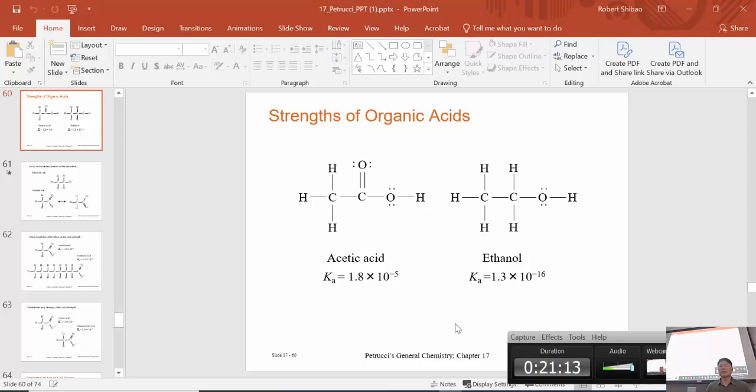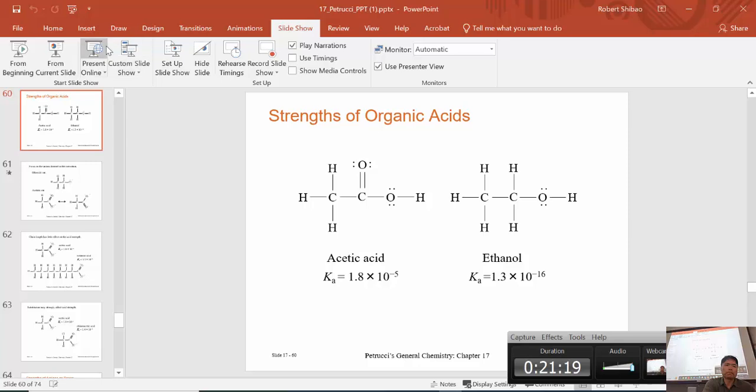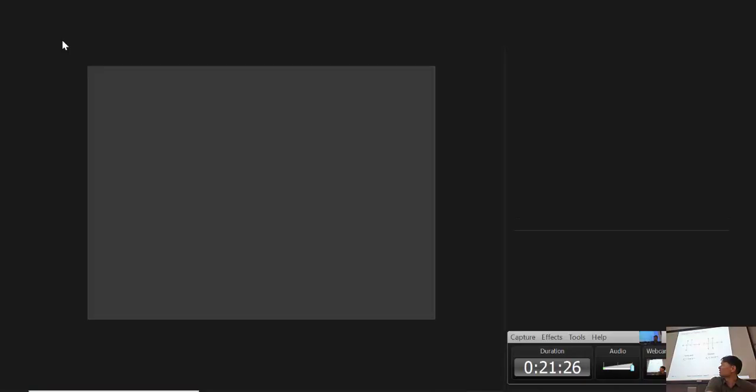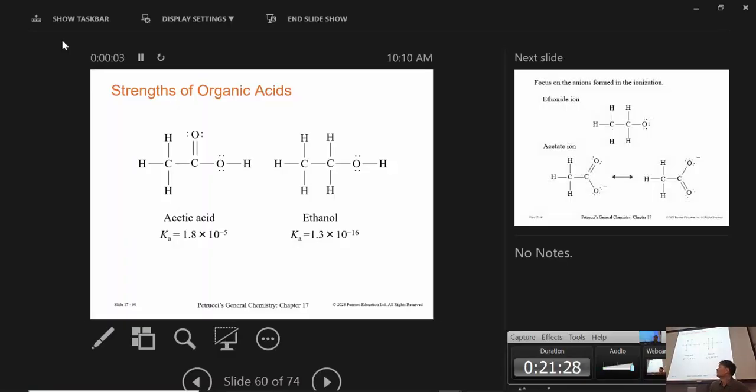So let's compare acetic acid here to ethanol. Both of these have the O-H, and this is going to be a polar bond.